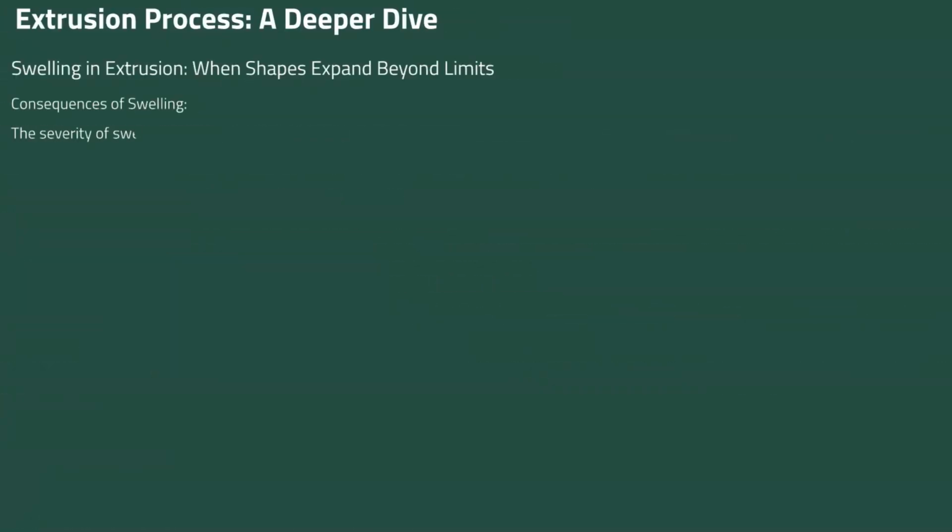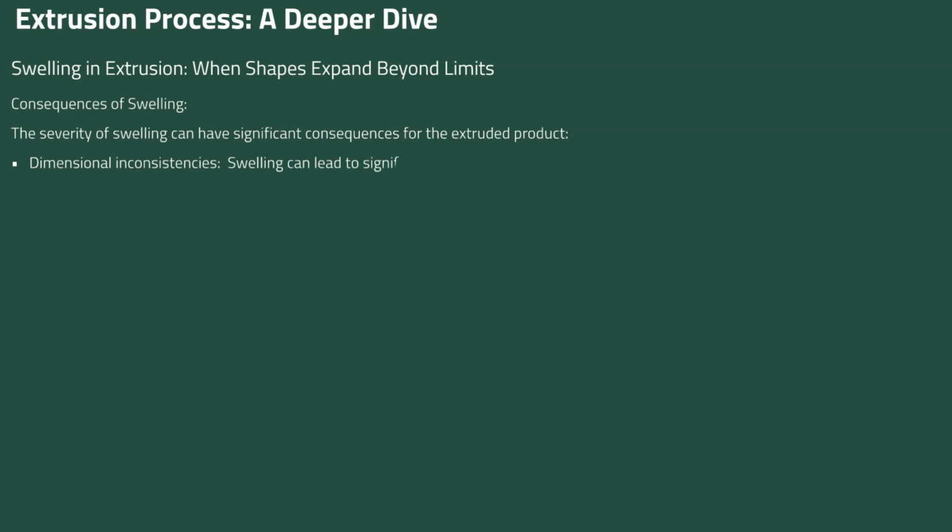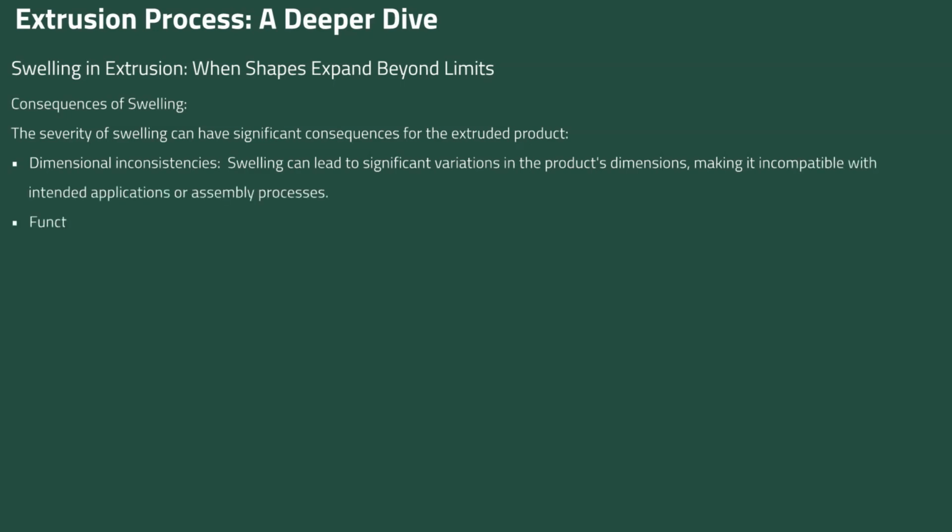Consequences of swelling. The severity of swelling can have significant consequences for the extruded product. Dimensional inconsistencies. Swelling can lead to significant variations in the product's dimensions, making it incompatible with intended applications or assembly processes. Functional issues.